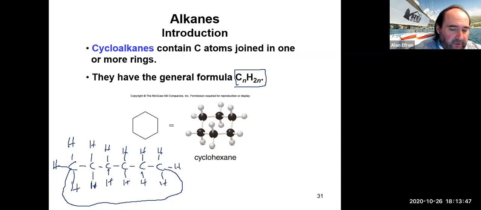We're going to have too many bonds to that carbon. It's not going to be able to obey the octet rule. So we have to sacrifice, like I said before, a couple of hydrogens to make room. And we get this cycloalkane here.